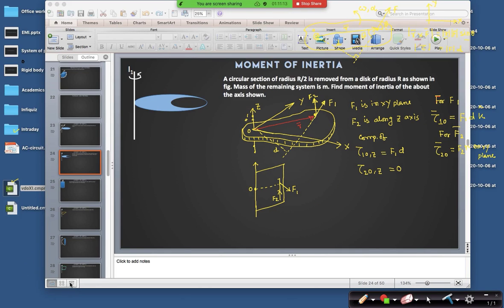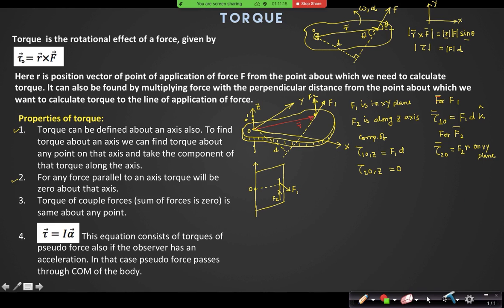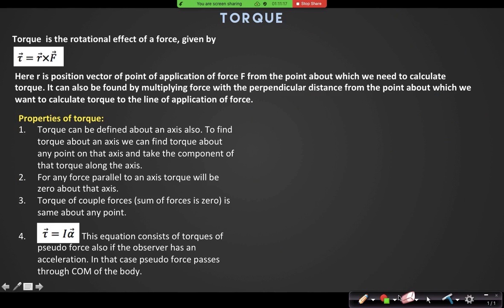Now, move to the third point. All these properties, as I have told you, are very important. The third point says torque of couple forces are the same about any point. What are couple forces? This is a very simple point and you can easily understand.